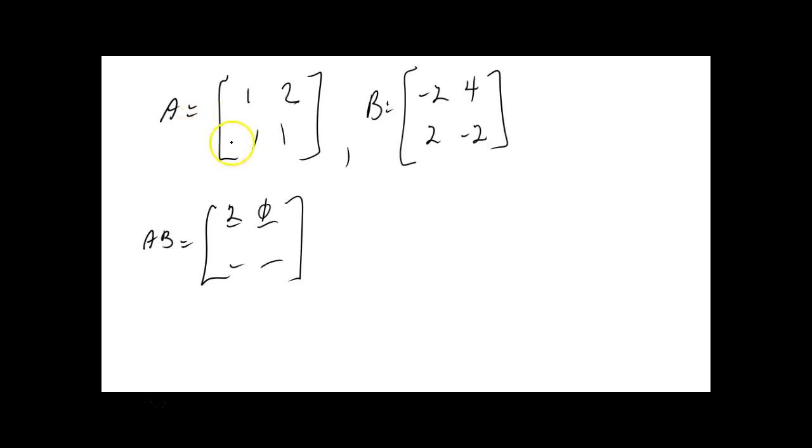The 2, 1 entry, second row of A, first column of B: negative 2 plus 2 is 0. And the 2, 2 entry, second row of A, second column of B: 4 minus 2 is 2.